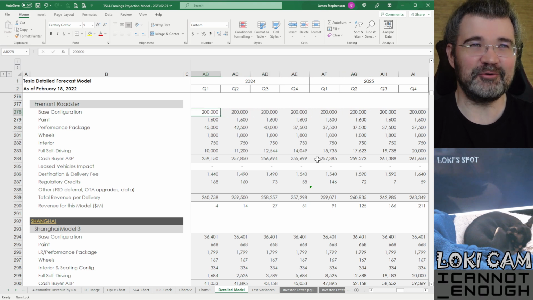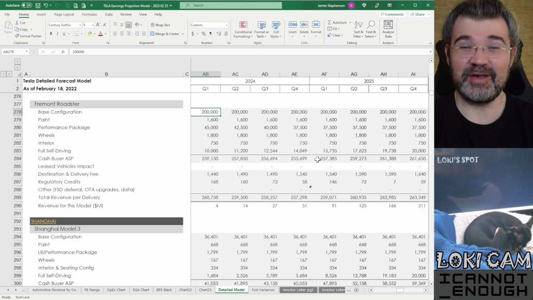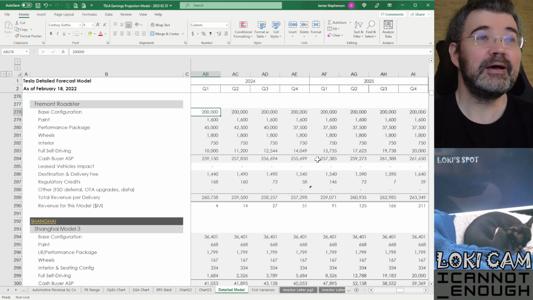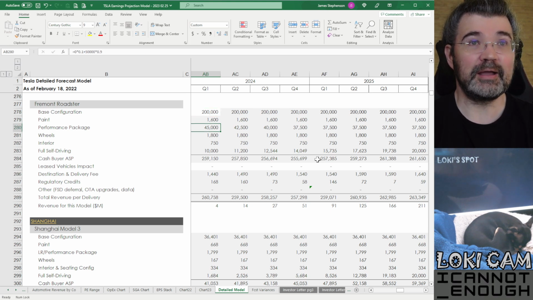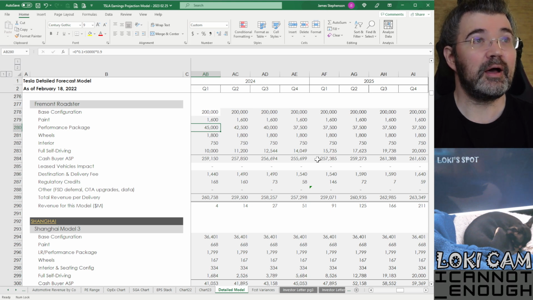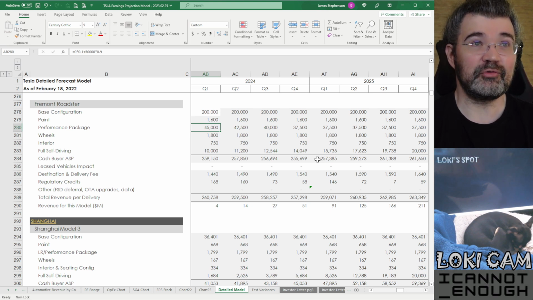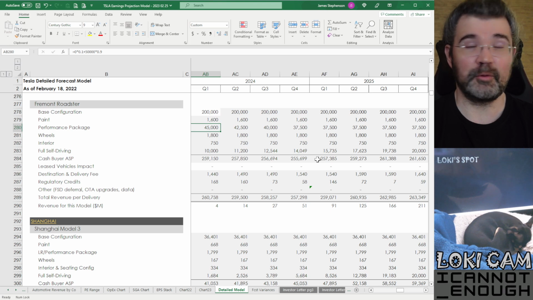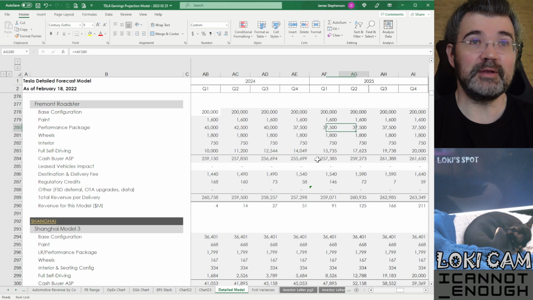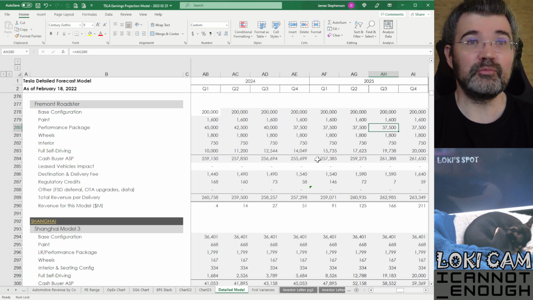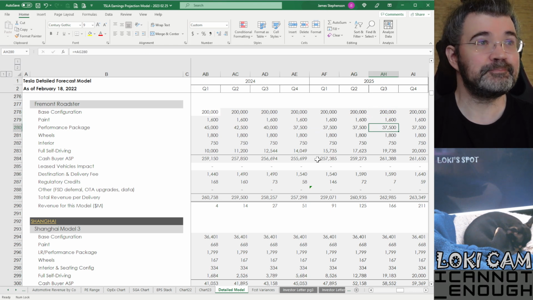I might have to push these out yet another year for the vehicle Tesla keeps not making, but I do have a $200,000 base price on that with a $45,000 performance package upgrade, which is 50 grand times a 90% take rate. I think they would fill the performance package orders first, and then this amount will come down as Tesla makes more and more of the base config.